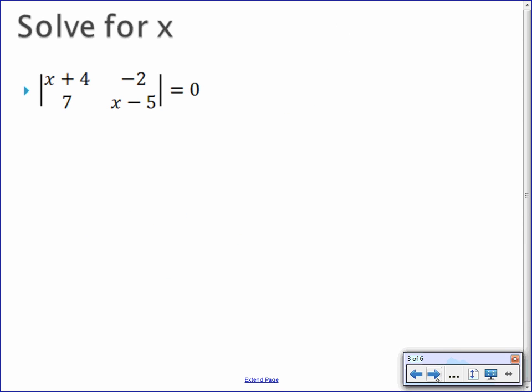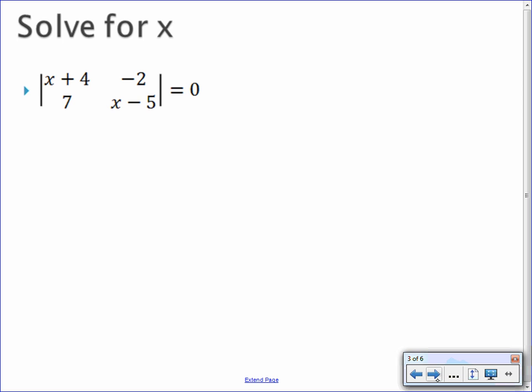Write this down. Our determinant equals 0, right?